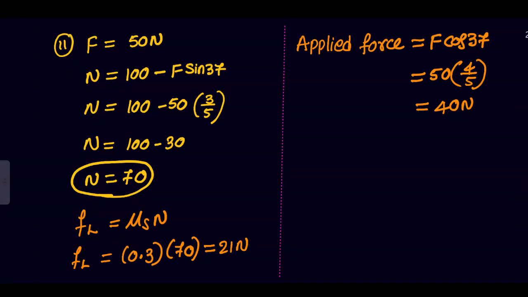How much is the limiting friction? 21. That means the applied force is greater than the limiting friction. So what happens? The body is in motion. Applied force is greater than the limiting friction, so the body is in motion.